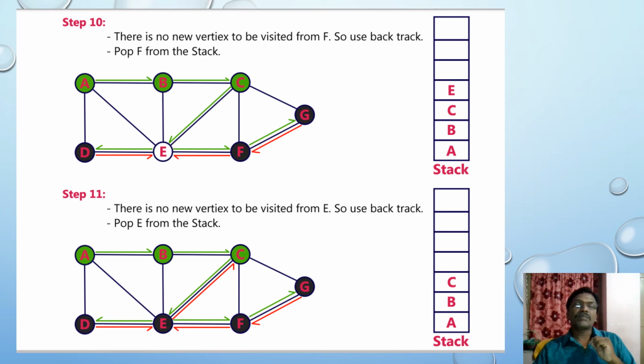So using backtrack, that is E, F is popped. Then E is checked. E's vertices D, A, B, C, and F are all visited vertices. So using backtrack to C, E is popped.